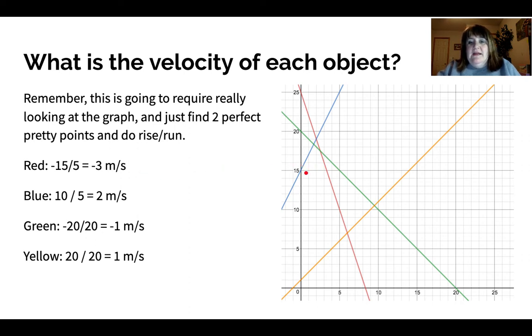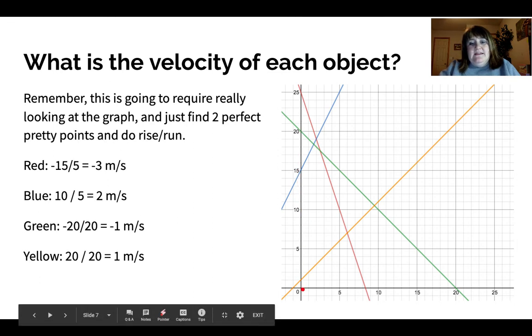The blue line goes from 15 to 25 in 5 seconds. That's a velocity of 2 meters per second. The green line goes down 20 in 20 seconds. That's a velocity of -1 meter per second.